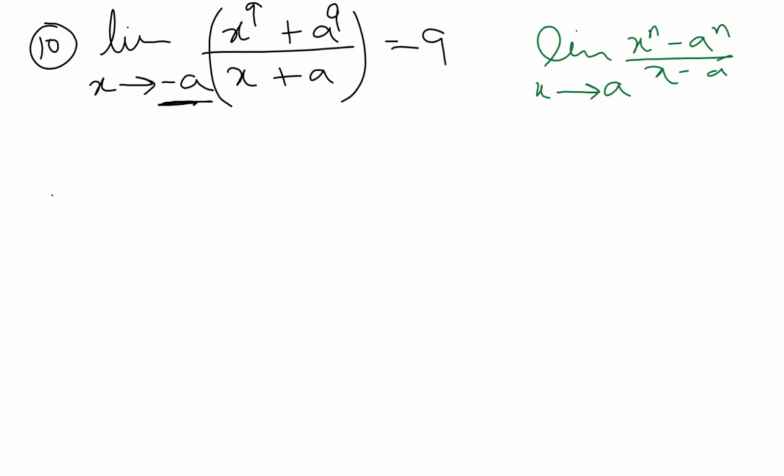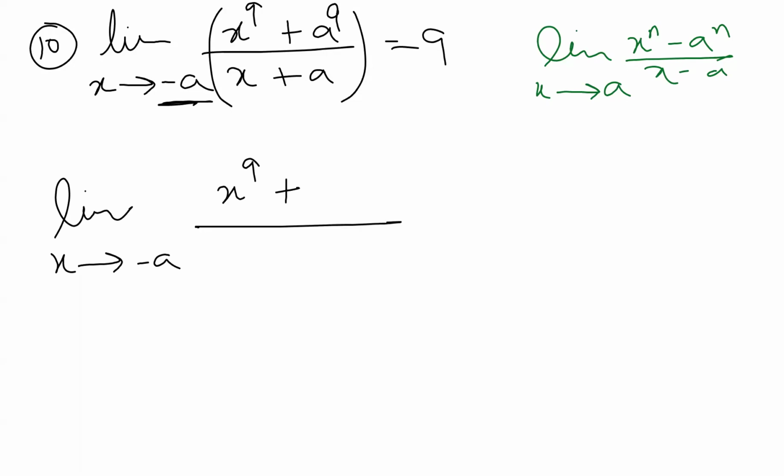Okay. So look at the manipulations. How we need to proceed with this. So this is x raised to 9 plus a raised to 9, upon x plus a. First, I will write x minus minus a in the denominator.